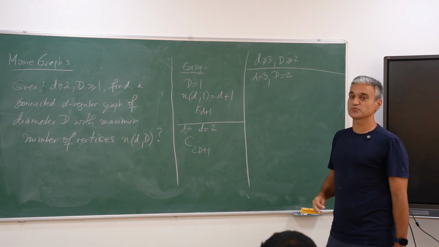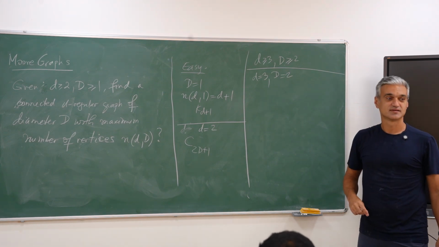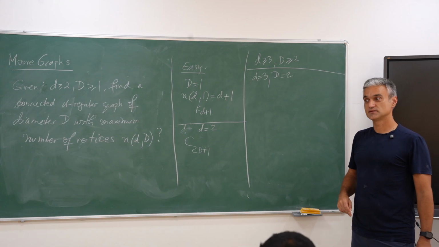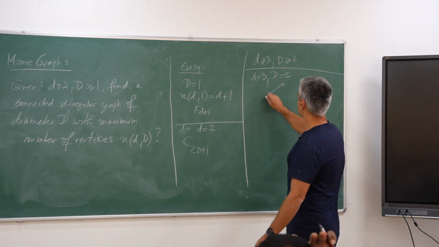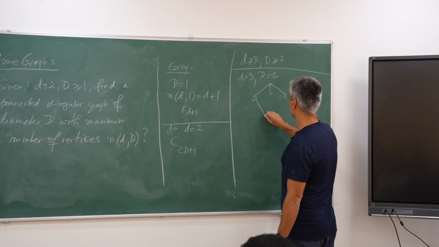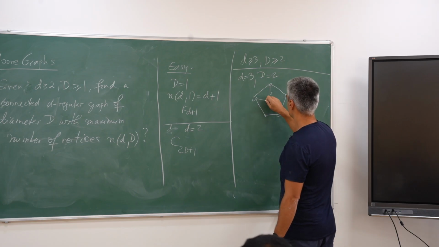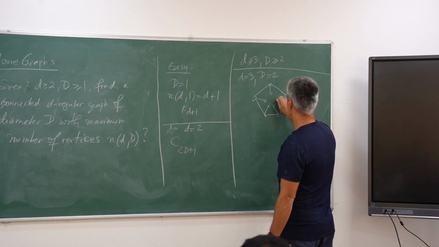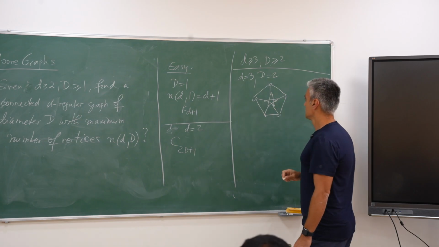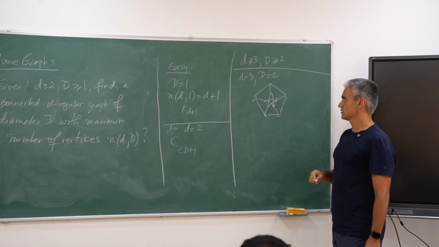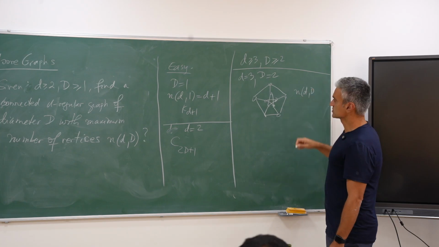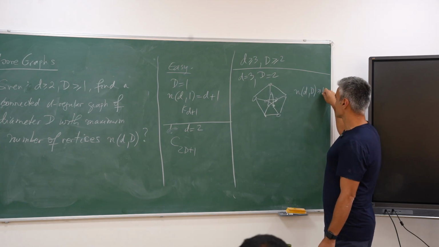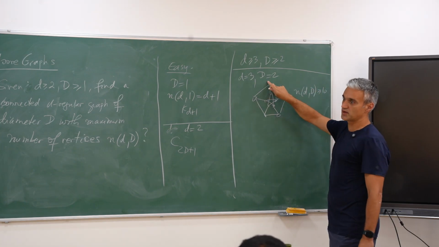Okay, so how big can you make the graph? Petersen graph. So n of d, D, because of this construction, is greater or equal to 10, because this graph is 3-regular with diameter 2.